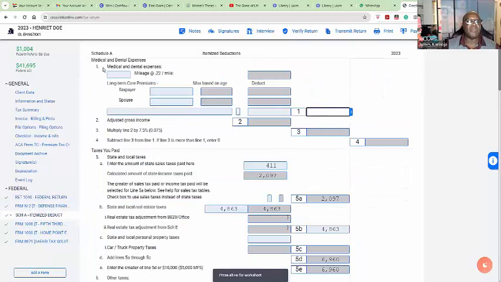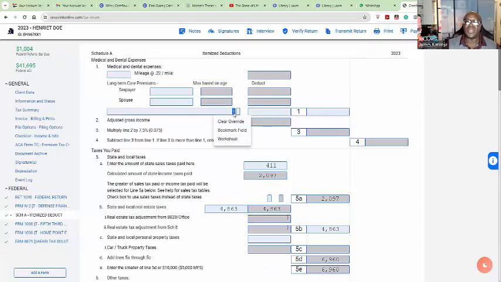Okay, if we look at the medical and dental expenses, if you had medical and dental expenses that exceeded 7.5% of your gross income, then you can add it here. You can add whatever you had right here. And you can get the worksheet.